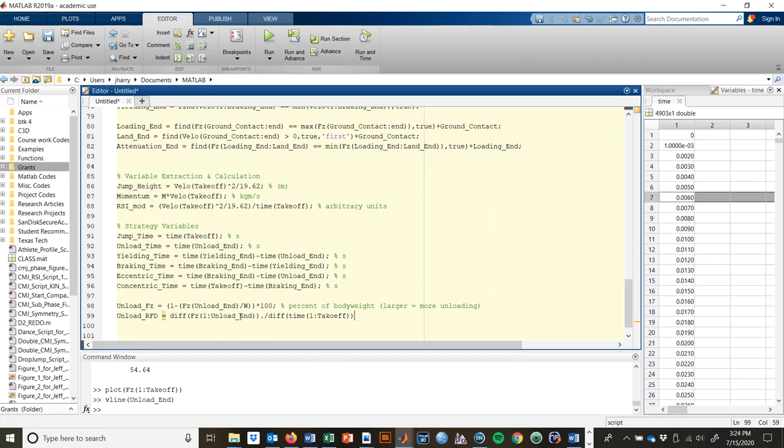Now the problem with this is MATLAB's diff is an approximate derivative, and so you think you're taking the difference between two time points, so you're actually getting the time point kind of at 1.5 instead of at data point 1. So you're going to end up with one data point that's too short.